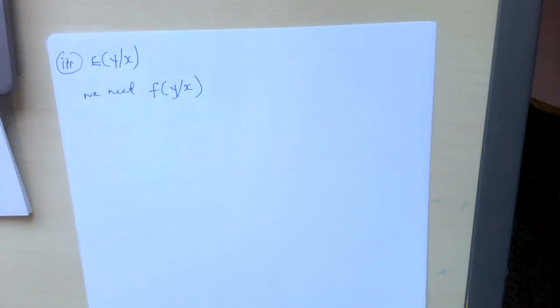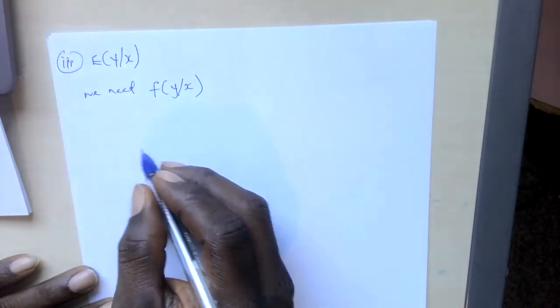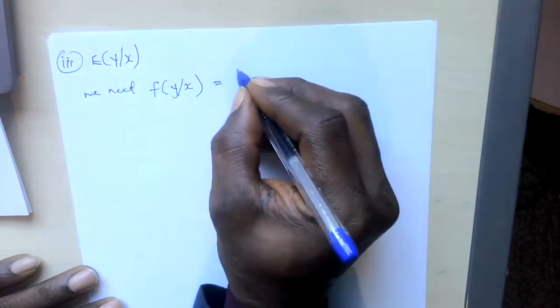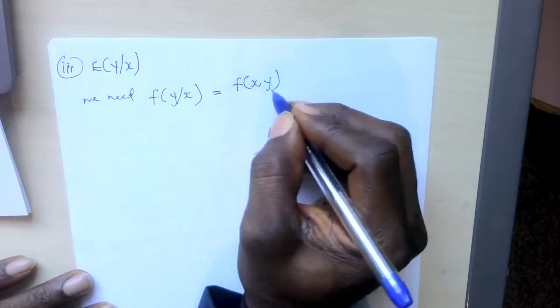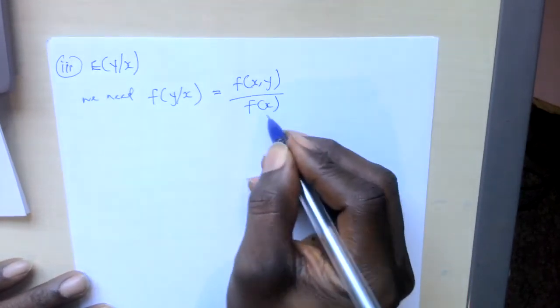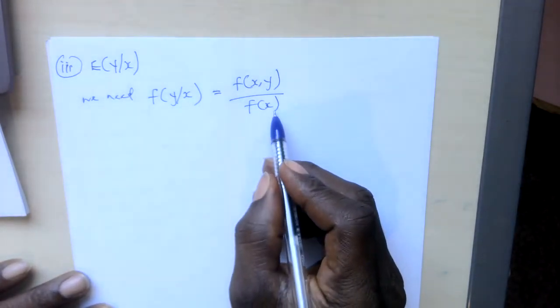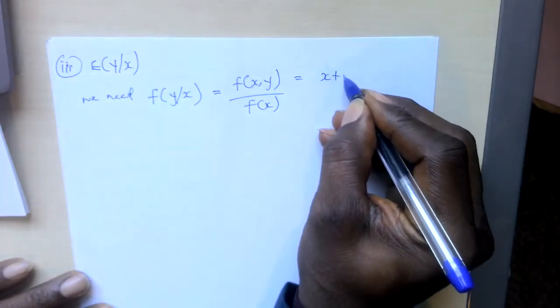We need the PDF. So here, the PDF is f of x comma y, that's the joint one, that's the function we are given, divided by f of x. We know from what we are given that this is x plus y.